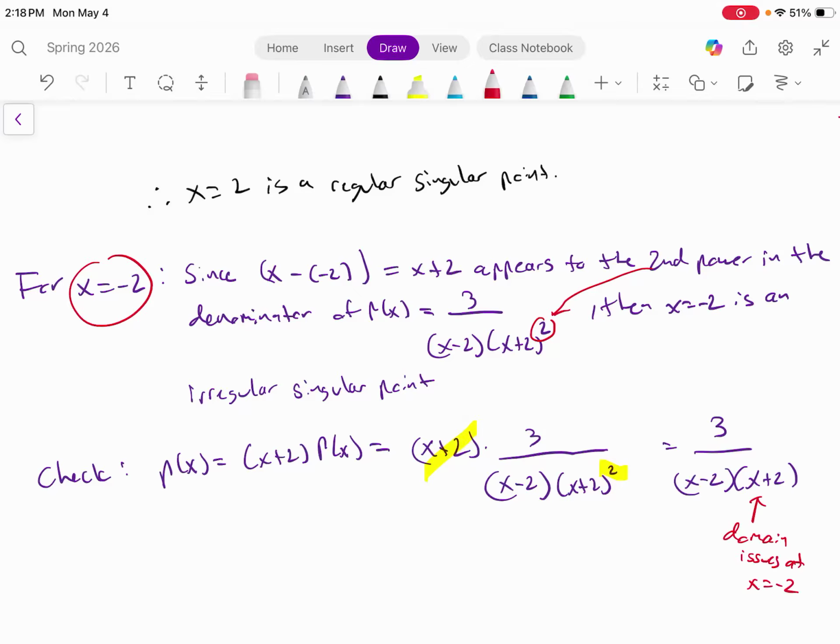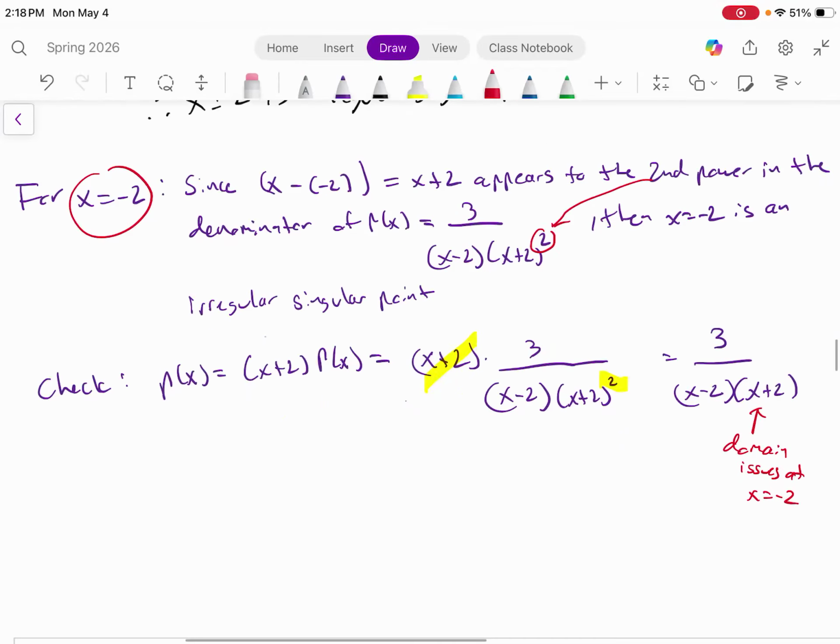If x equals negative 2, this denominator goes to 0. So since I have some domain issues there, therefore, we are not analytic at x equals negative 2.